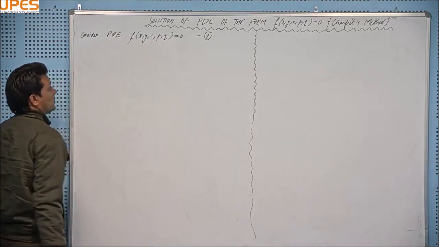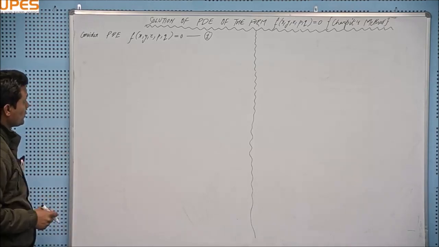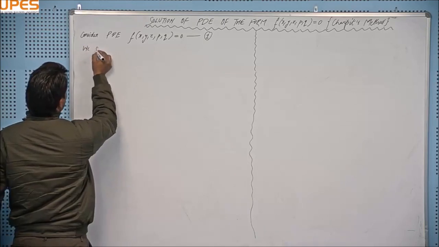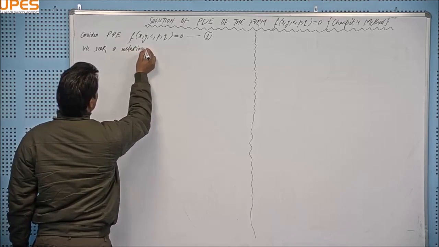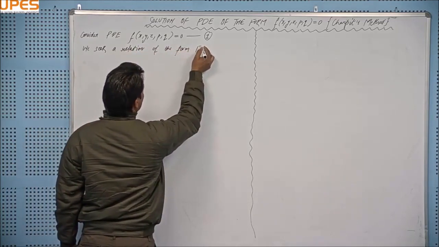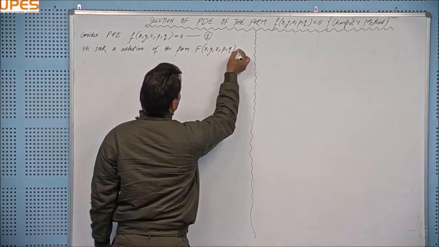Okay. So this is what we are finding the solution for, and to solve this equation we seek a relation of the form, let me say capital F(x, y, z, p, q) equal to 0.